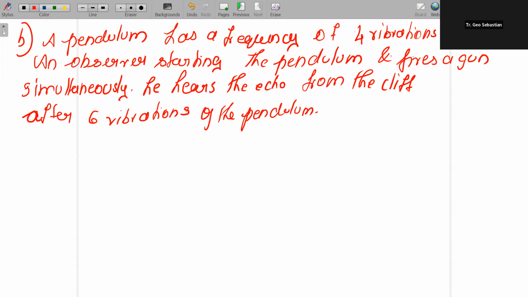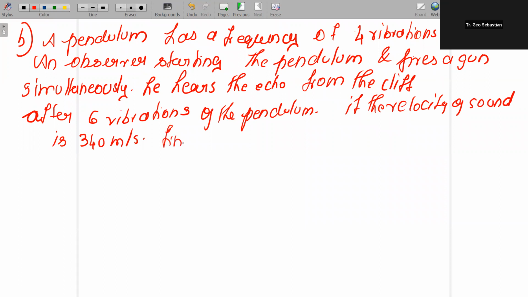If the velocity of sound is 340 meter per second, find the distance between the cliff and the observer.